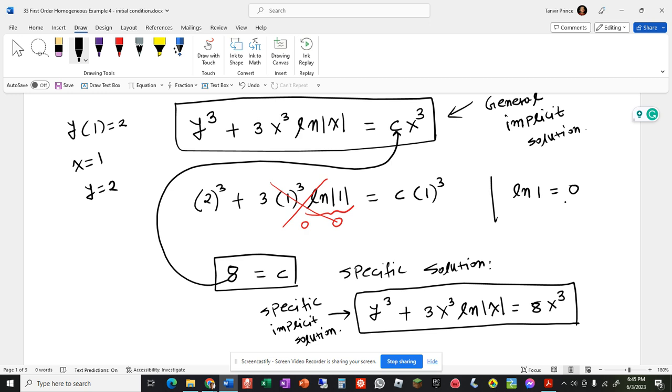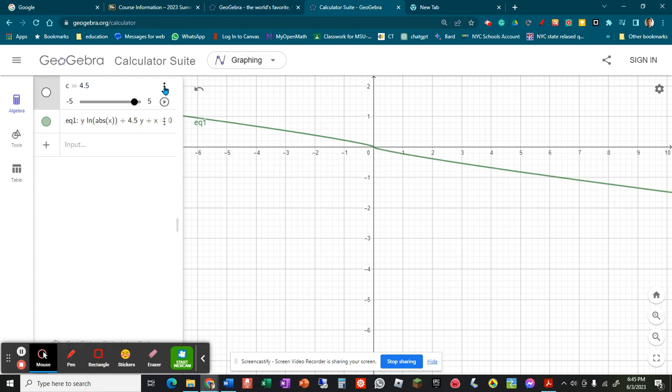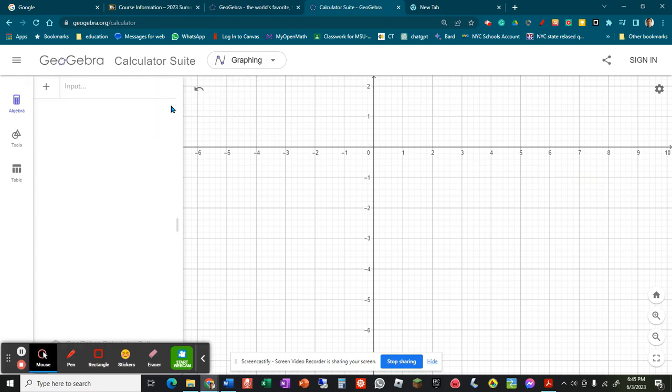Let's use GeoGebra and see, can we find the C visually by graph. So let's do that. I'm going to go to GeoGebra. That's our previous example, so I'm just going to delete that. Okay, so let's start fresh. We start with putting C and then enter.